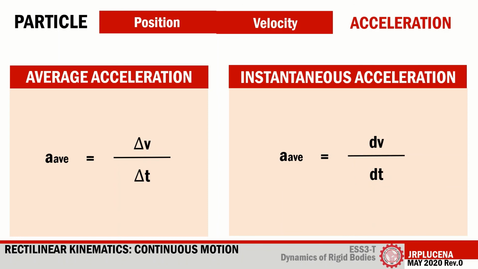So, I'm sorry, this is not average, but is instantaneous. Average acceleration is delta V over delta T, where delta T is the time of observation that is not differential. And instantaneous acceleration is like a point velocity or point acceleration. That is, we analyze acceleration at a differential time interval.